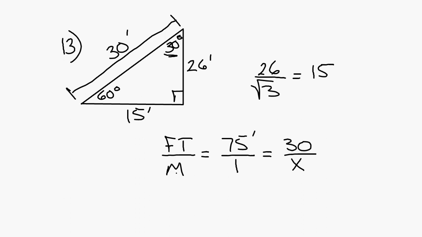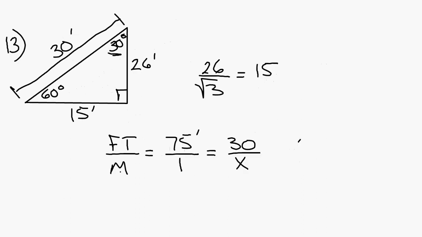If you crisscross multiply, your 75x equals 30. And if you divide by 75, then your x, or how long it's going to take the package, is going to be equal to 30 divided by 75, which is 0.4. 0.4 minutes.